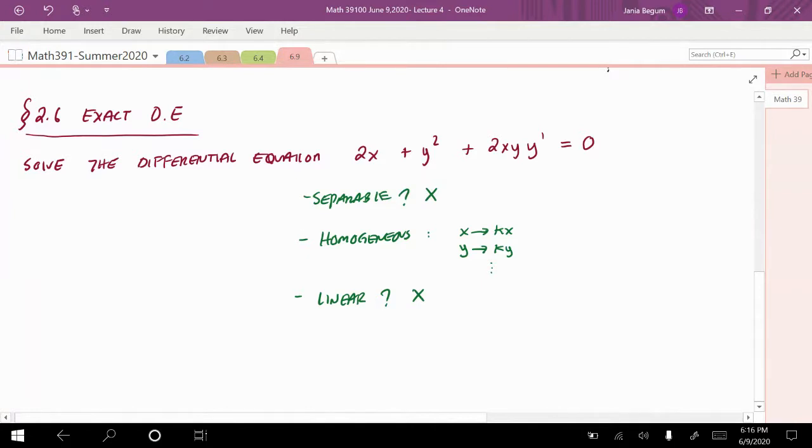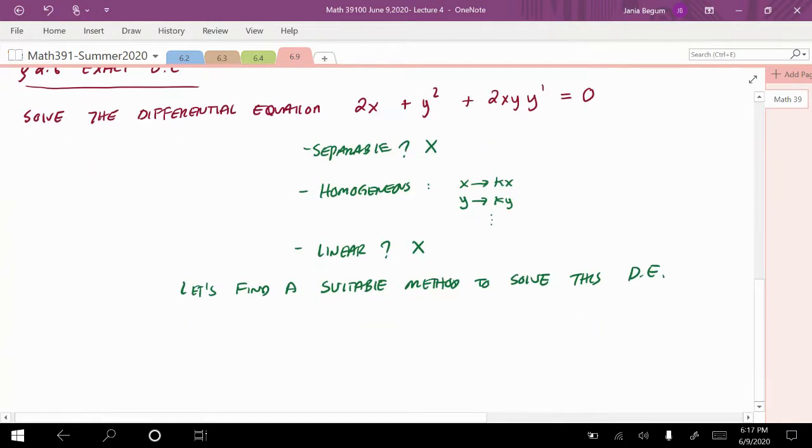That's what we're seeking. So let's find a suitable method to solve this differential equation. That's the goal.